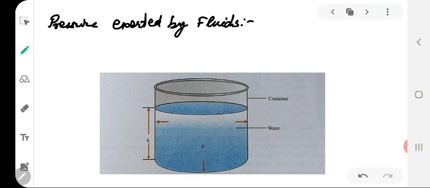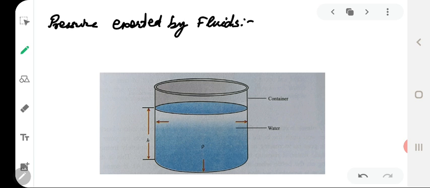Any pressure applied anywhere on a fluid kept in a vessel is transmitted equally in all the directions throughout the fluid. I repeat, any pressure applied anywhere on a fluid kept in a vessel is transmitted equally in all the directions throughout the fluid.